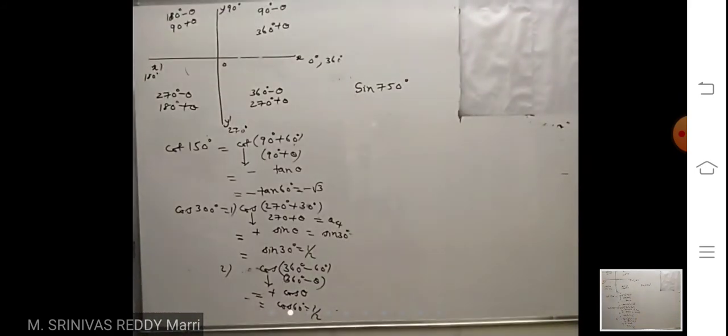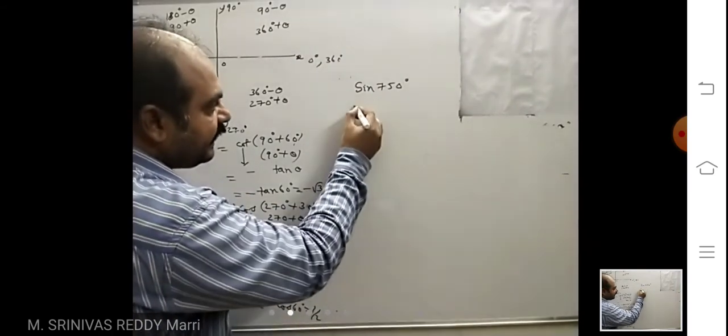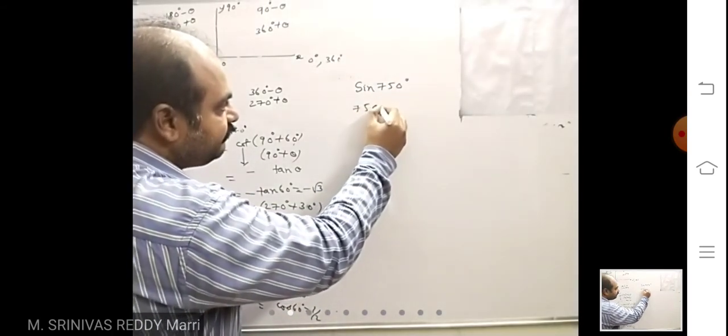Sine 750 degree. So if higher angles are there, look at 750 degree.